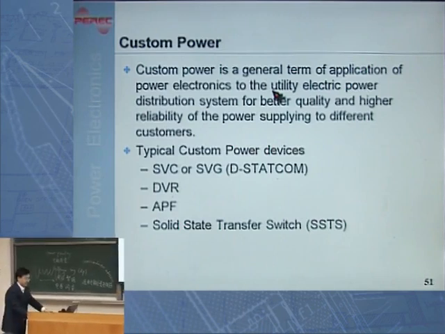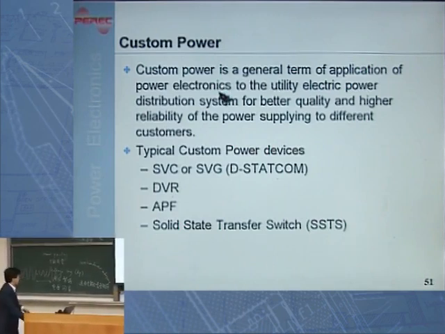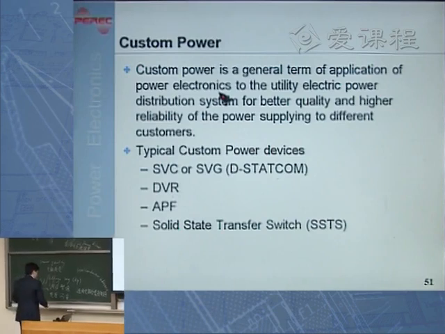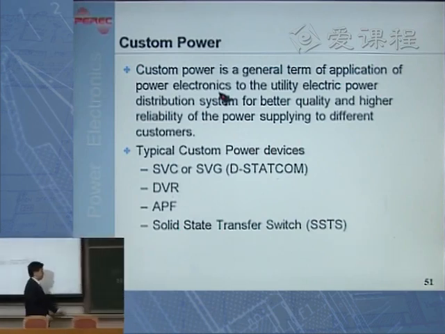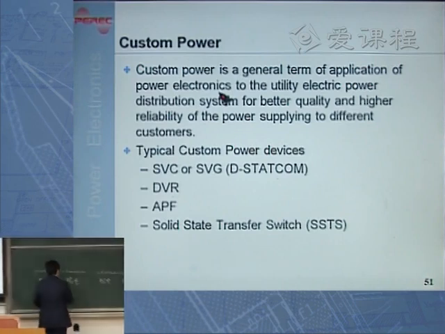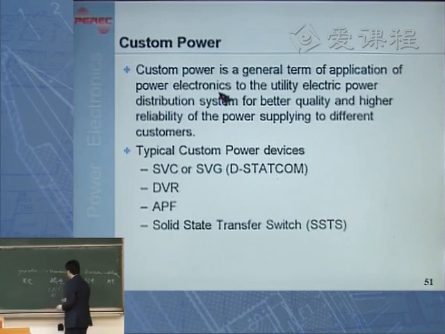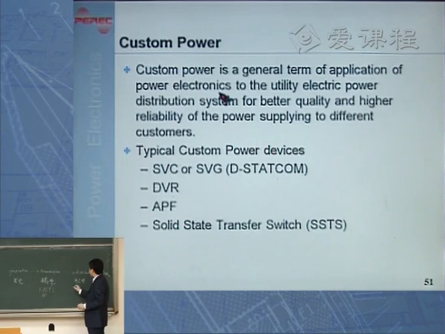People call that custom power technology. Flexible AC transmission is the special name for transmission applications, that's FACTS. And power converters applied to the distribution system, that's called custom power.